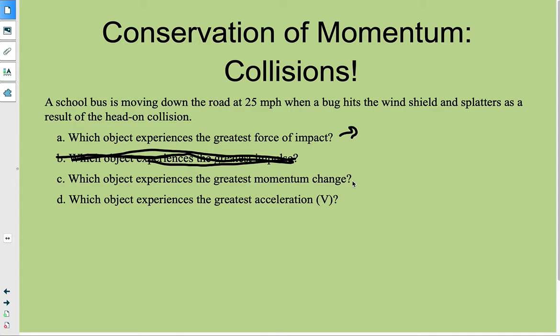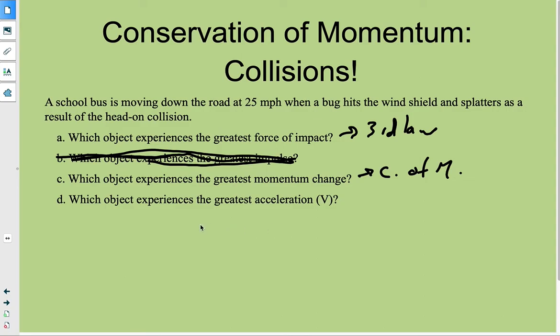Now, if total momentum of a system stays the same, then the momentum change of the bug and the momentum change of the car should be the same. Right? This is because of the law of conservation of momentum. So this was Newton's third law up here, right? And this is conservation of momentum right here.